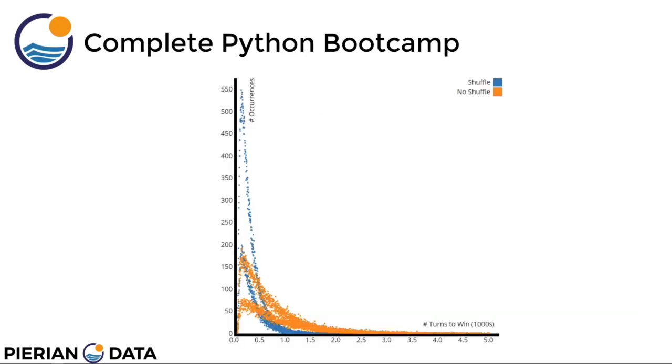If you check out the lecture notebook, at the very end, I've linked some interesting statistics of this war card game. So here's a simulation of the number of occurrences versus the number of turns to win. Essentially, how many times do the cards actually match up and get flipped? How many rounds occur? It's also different whether you shuffle the cards or you don't shuffle the cards.